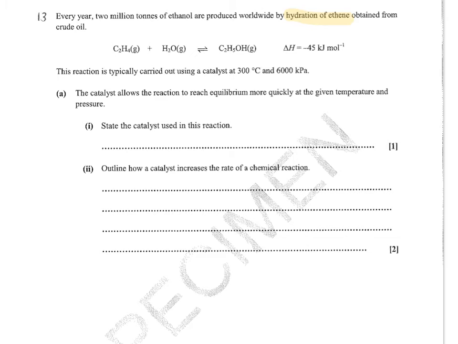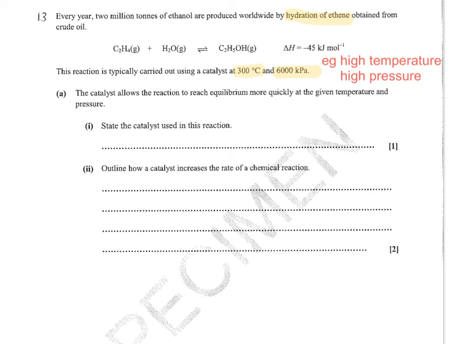Okay, so the reaction is typically carried out using a catalyst at 300 degrees and 6,000 kilopascals, so in other words, high pressure at high temperature. Let's just make a note of that because that will be there for a reason. They haven't printed that for no reason at all, so I'd suggest you need to draw upon that piece of information at some point later on in the question.